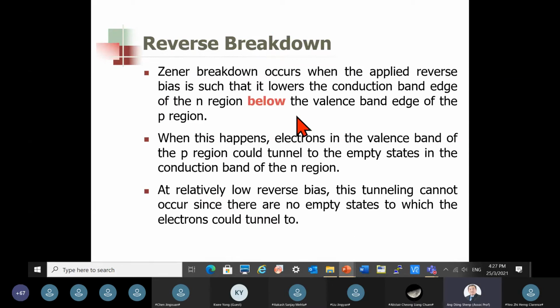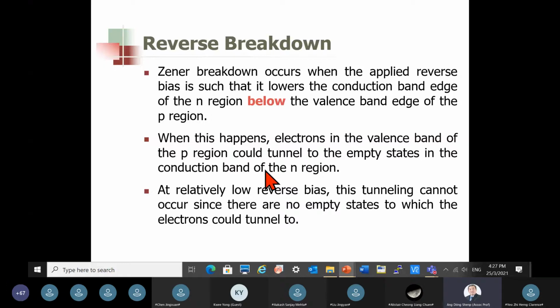Okay, just to summarize before we move on. So Zener breakdown occurs when the applied reverse bias is such that it lowers the conduction band edge of the N region below the valence band edge of the P region. Or the other way around, if the reverse bias voltage is large enough to raise the valence band edge of the P side above the conduction band edge on the N side.